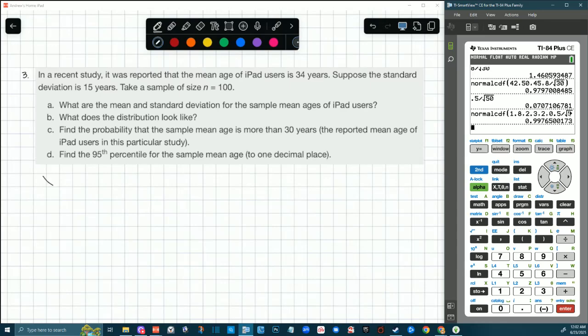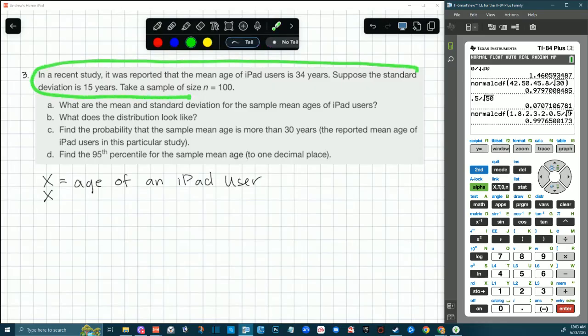So we know that our raw data, we're looking at the age of an iPad user. We know that that data has an unknown distribution, because nowhere up here did they mention what that distribution of ages looks like.